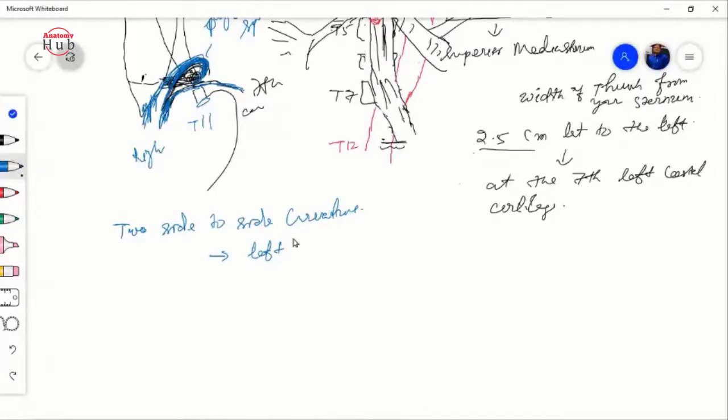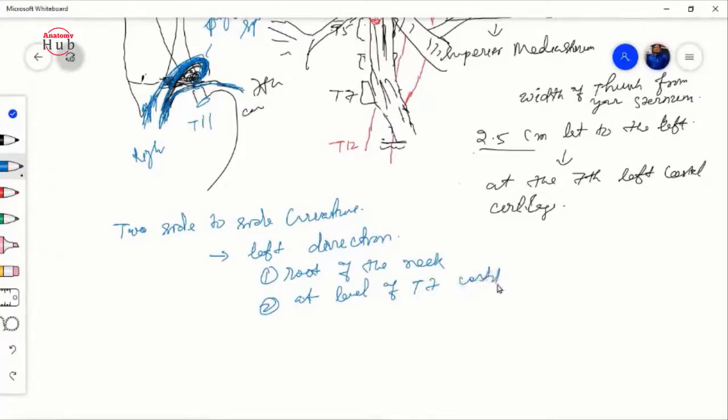So in left direction, right? First at the root of the neck, before entering the thoracic inlet, and second at the level of T7 vertebra, before passing in front of the descending thoracic aorta.